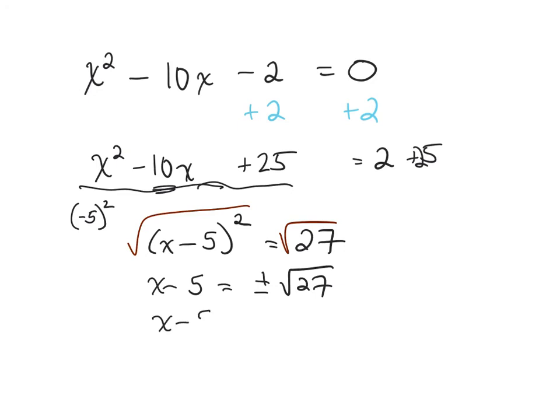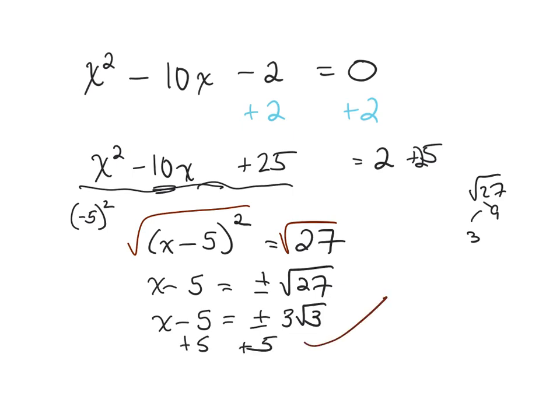So if I simplify radical 27, because this one does simplify, because radical 27 is 9 and 3, and then the square root of 9 is 3, so this just becomes plus minus 3 radical 3, and then I can add 5 to both sides. So my solution is going to be x equals 5 plus or minus 3 square root of 3.